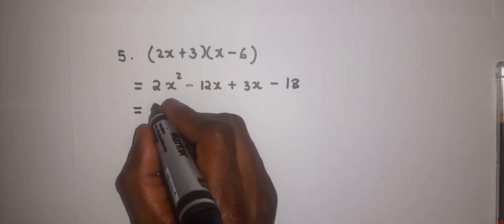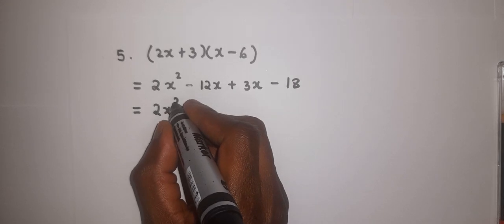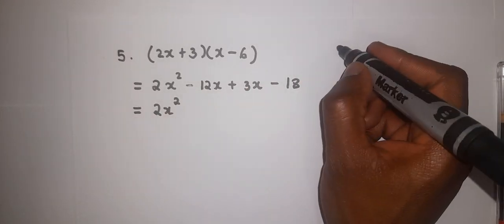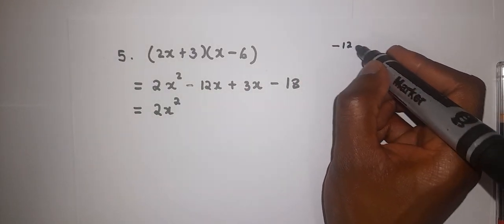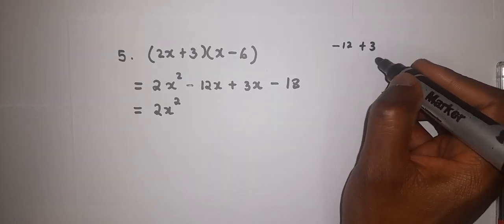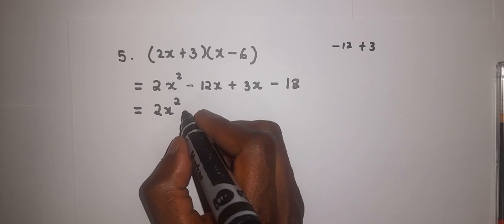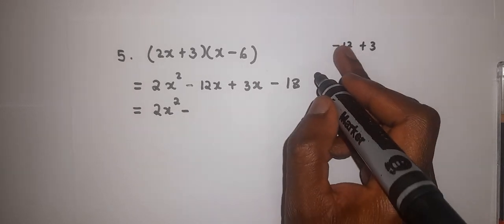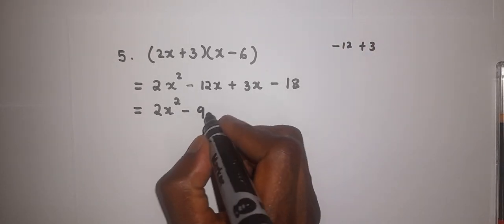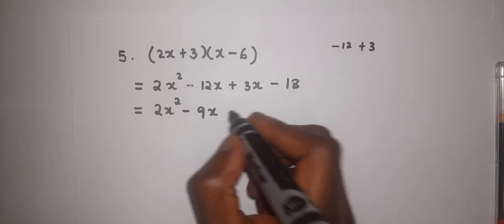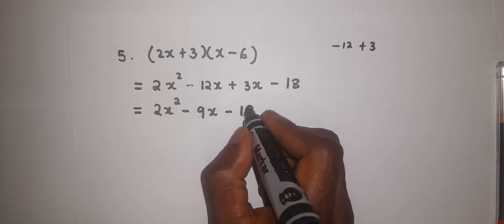Collect like terms. 2x squared, we can see it goes alone. Look at these two like terms. We have -12x as the first and +3x. Integers with different signs: take the sign of the bigger integer and subtract. 12 minus 3, you get 9, and then you bring down the -18 as it is.